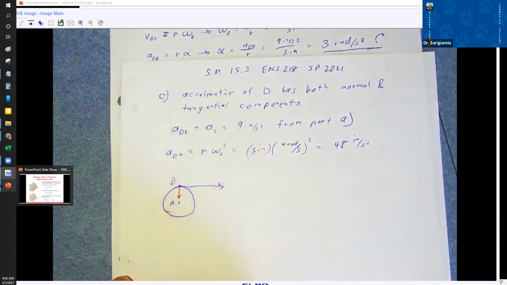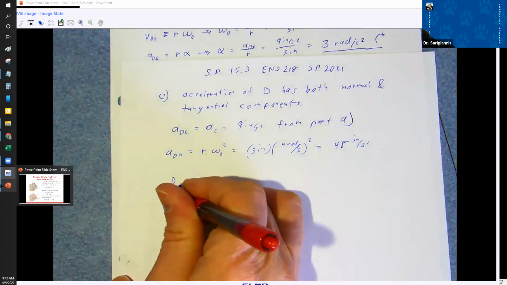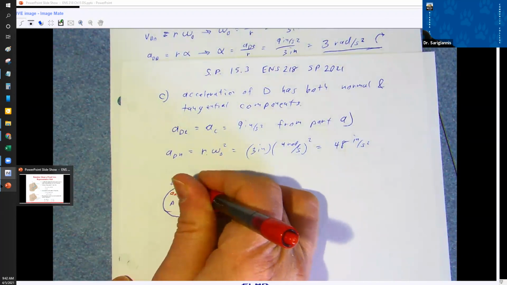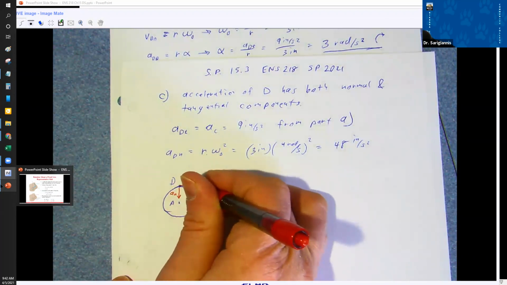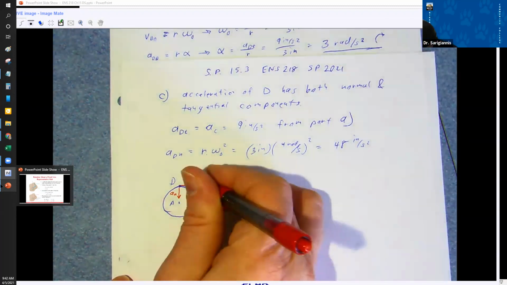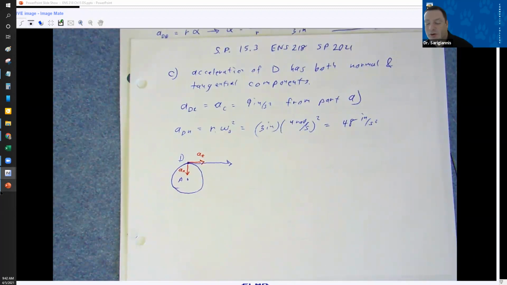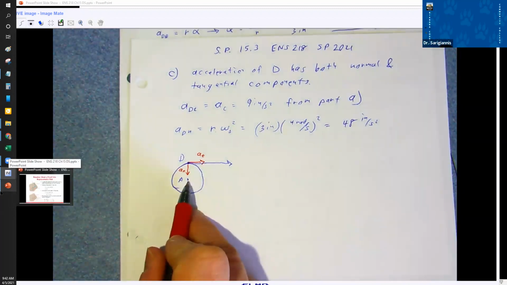We've got AN, and we've got AT. Remember, the normal component is always facing in towards the center of rotation.